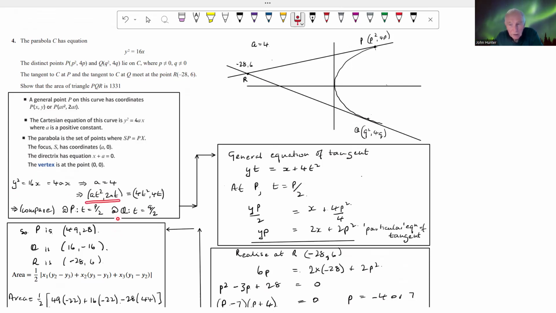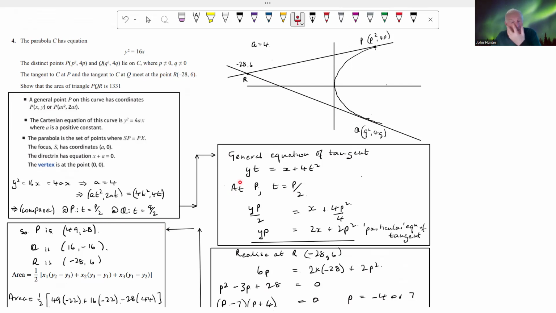So our parametric version of the line, these are our coordinates in relation to t, are going to be 4t squared and 4t. When we compare this to this, we can see that t is going to be p over 2 at P, and then at Q, t is q divided by 2.